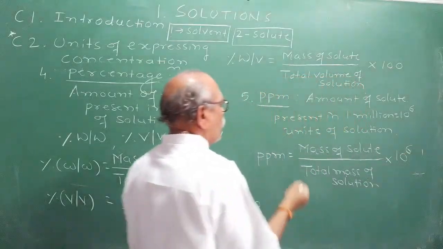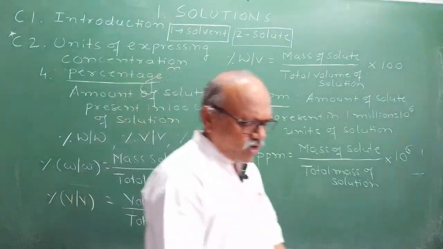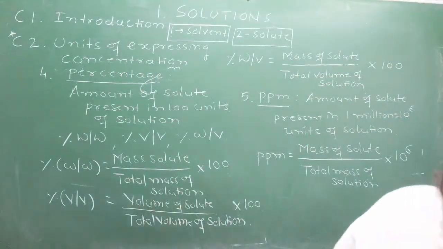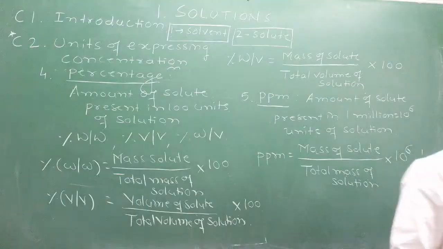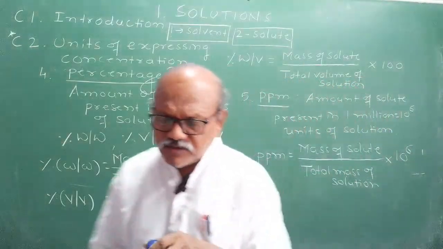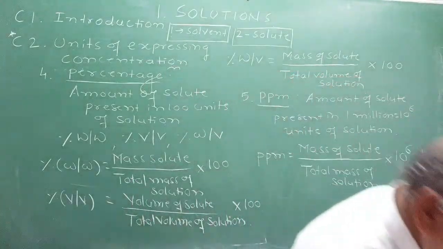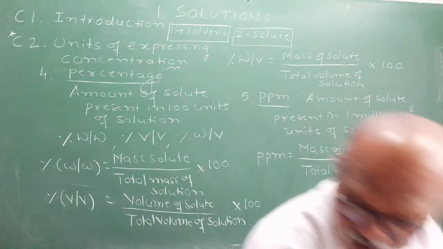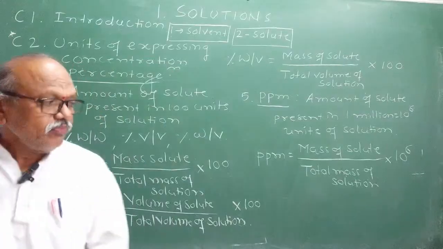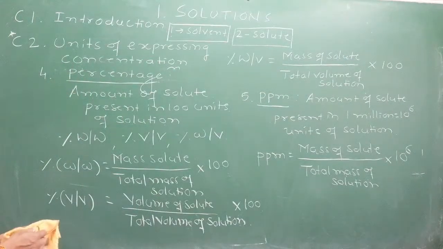Generally, whenever a very small quantity, like a pollutant in the air, is present, you use this particular unit, called parts per million.